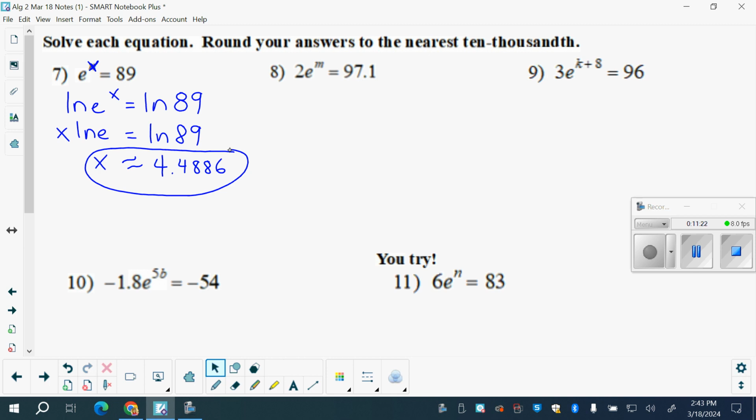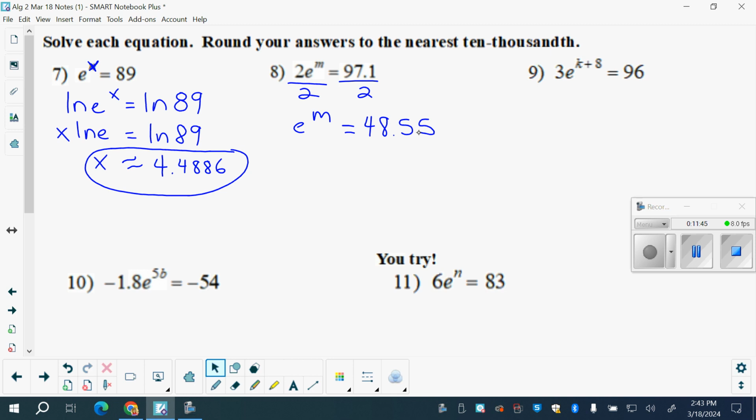Divide by 2. We've got to get this e to the m by itself first. So we're going to divide by 2. When we take 97.1 and divide it by 2, you get an exact number, 48.55. So we can do that. I'm not going to leave it as a fraction.